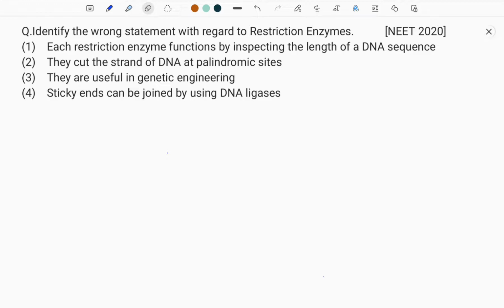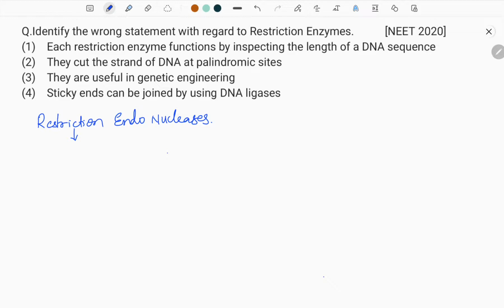You said it here, restriction enzymes. Actually, they are restriction endonucleases. Restriction means these enzymes are produced by bacteria for defense against viruses.